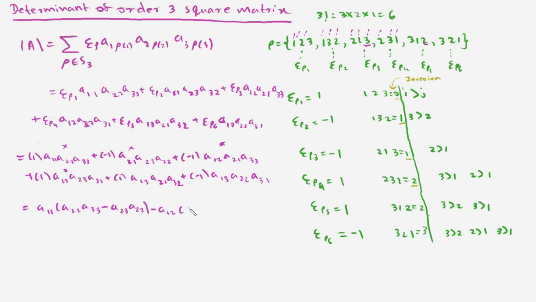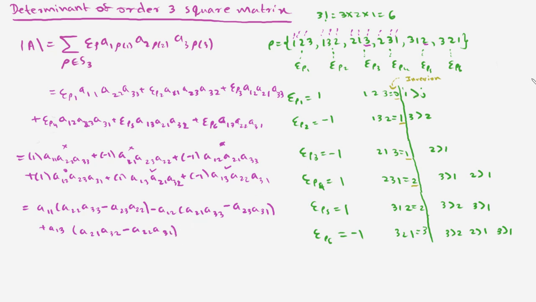So A12, A21, A33. So this will be again minus because this is the plus sign. So A23, A31. Now at the last one, let's take these two components. So let's take plus A13. So it will give A21, A32 minus A22, A31. Okay.